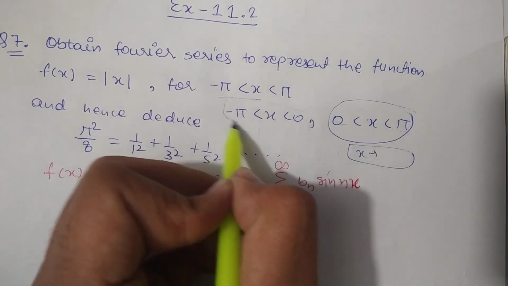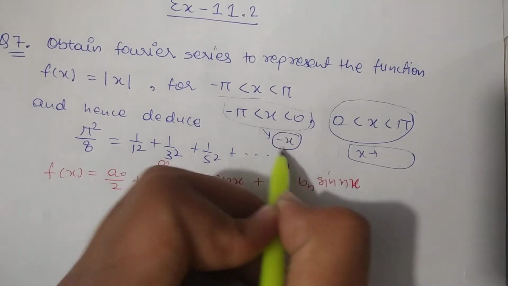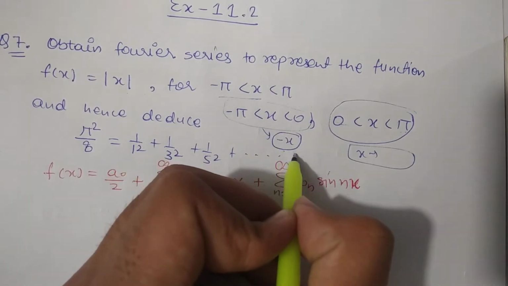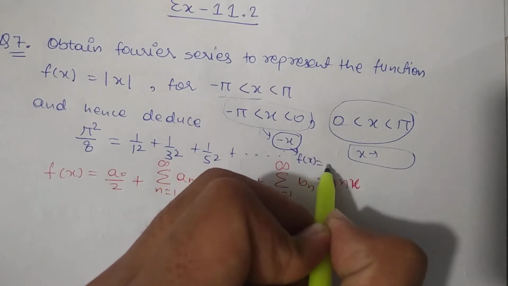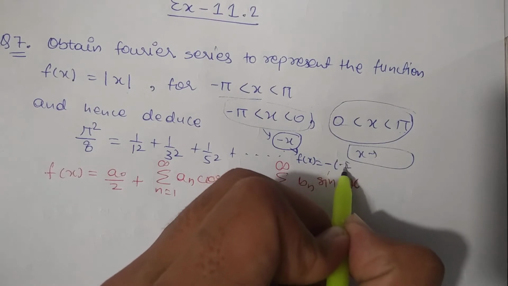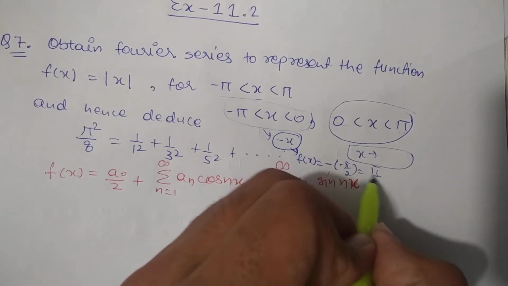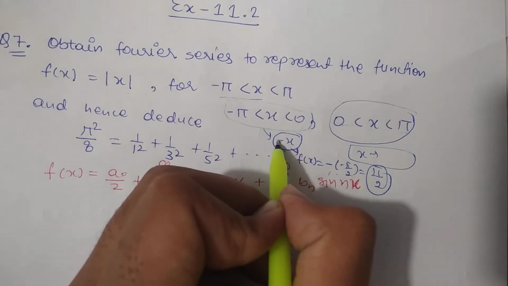In between minus pi and 0, mod x should be equal to minus x, because only then the whole function will be positive. Here I can write f of x equals minus x, and just suppose x is minus pi by 2, then the whole value becomes plus pi by 2 when I put the minus in front of x.